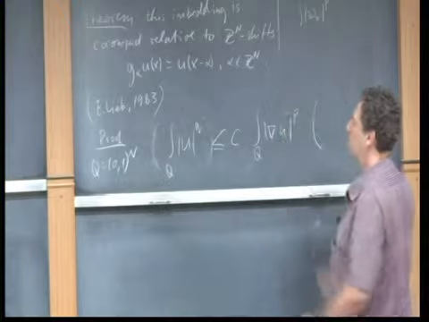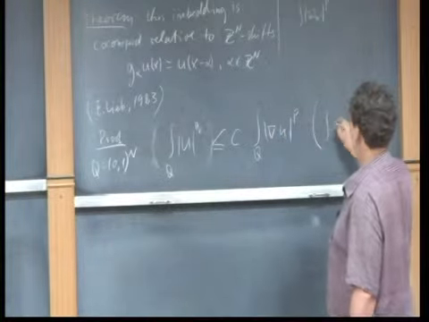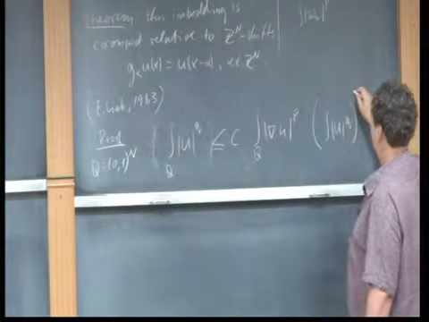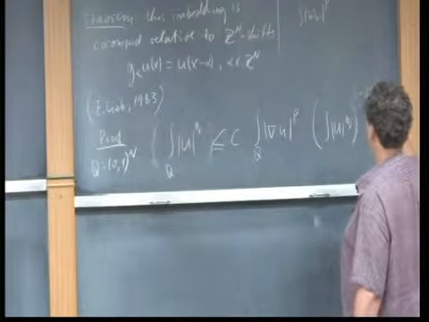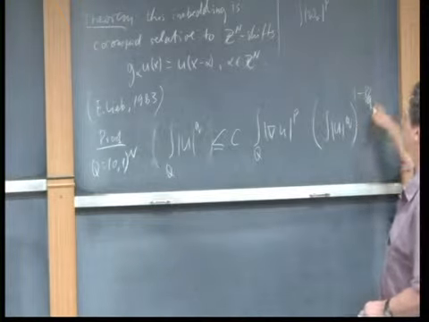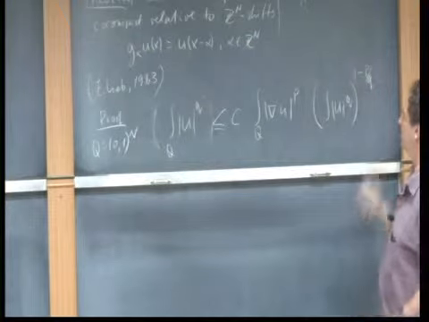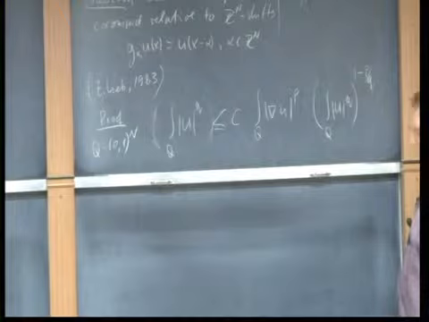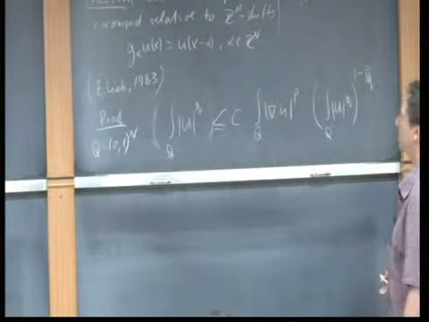Now the homogeneity is not matched, so we will compensate it by putting the norm of u in L^q to the power 1 minus p over q. Okay, now if you collect the terms, you will get power p over q. Homogeneity is fine. Now the statement is correct.